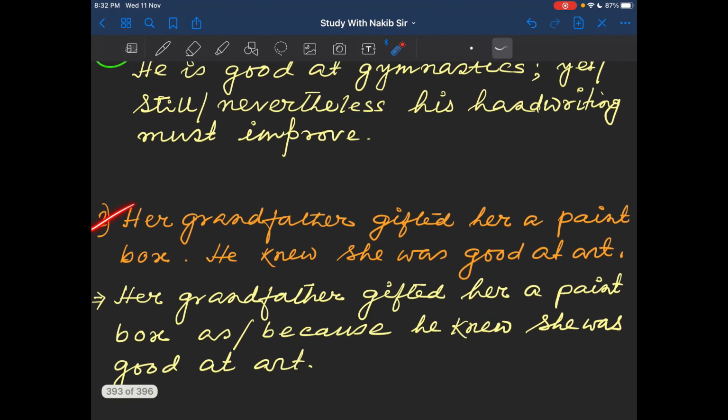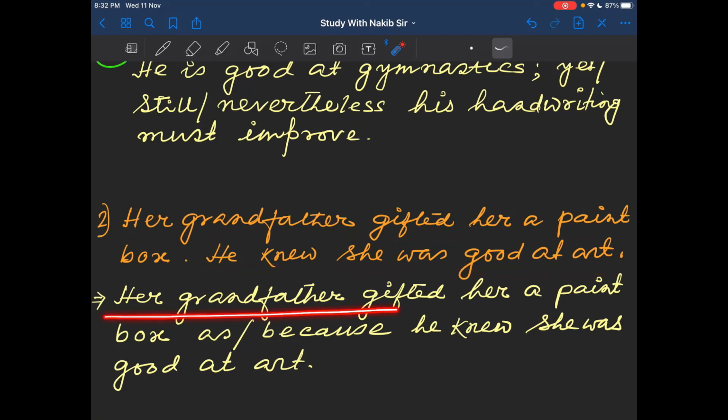Now question number 2. Her grandfather gifted her a paint box. He knew she was good at art. See the relation. The relation is simply cause and effect. Her grandfather gifted her a paint box. Why? Because he knew she was good at art.